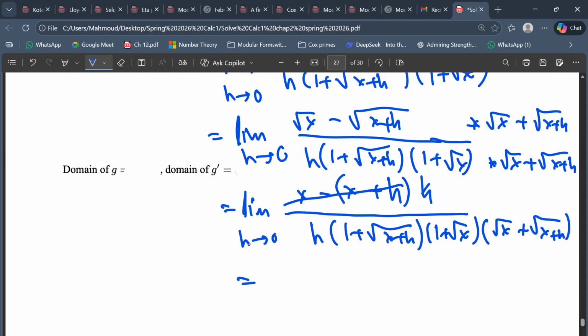We will cancel also h from here, we get 1 over 1 plus square root of x squared, right, times 2 square root of x, right? Let's hope it's right.